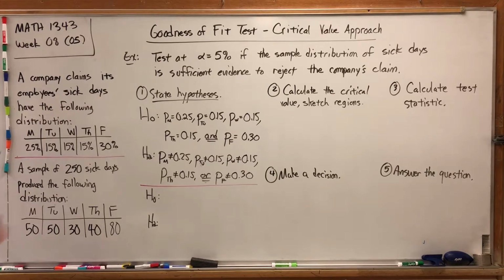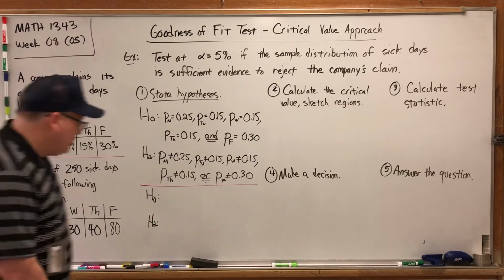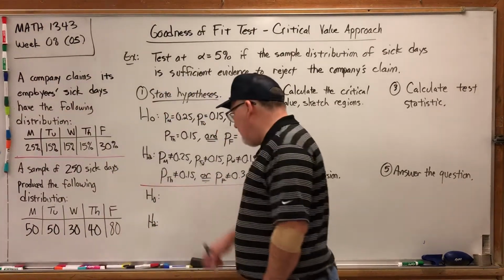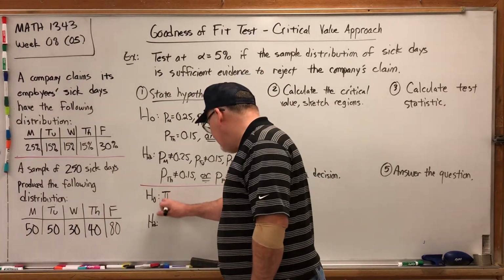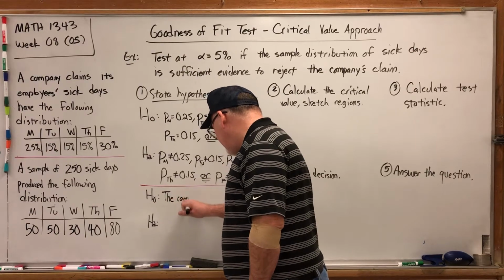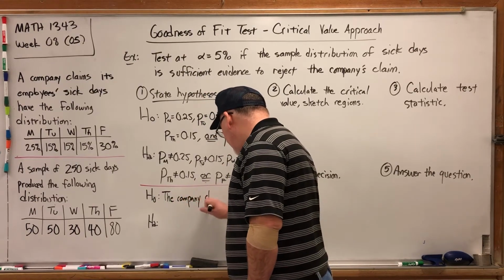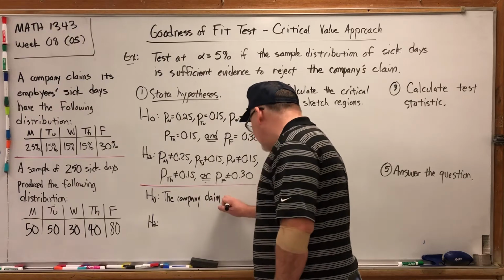For example, the company claims that this is the distribution of sick days. So we could simply say that the null hypothesis is the company's claim of sick day distributions.